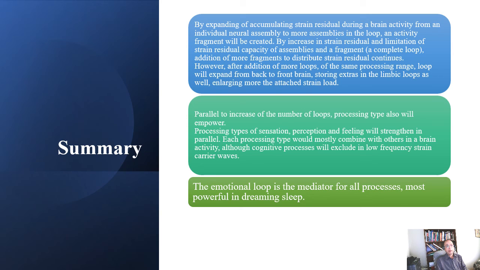The activity may rotate several times in the cortex to mature sensation, perception, feeling, and cognition in sequence. After termination of the activity, the remaining strain residual may build a memory of the activity in an arrangement that the long-term memory structure dictates, meaning similar memory units will be located around each other or over each other as motifs in a fractal local structure.